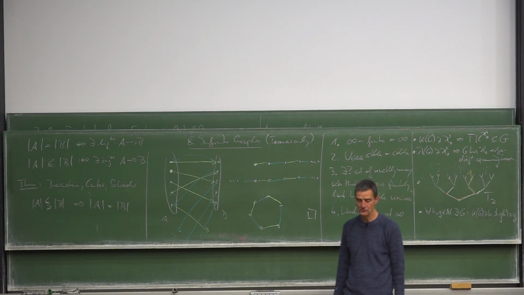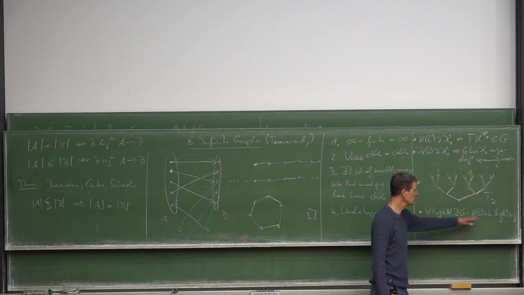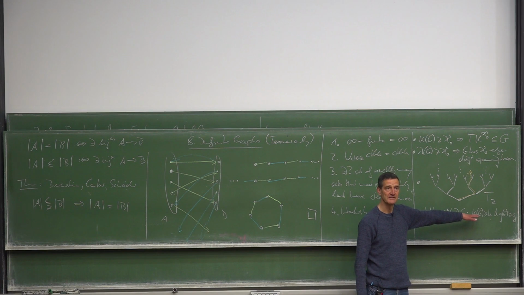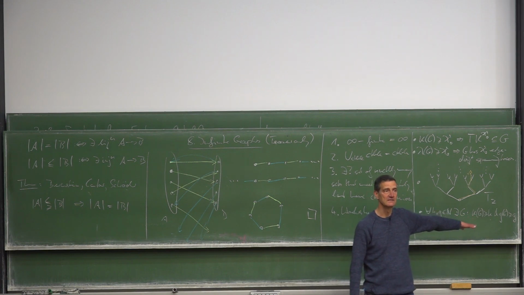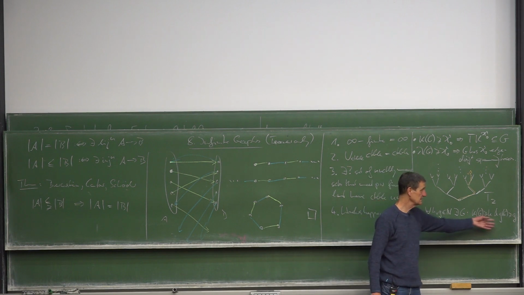That's true even for finite graphs and pretty hard. That was the Erdős theorem that I told you about in the chromatic chapter. There's a graph of chromatic number and girth as large as we like simultaneously.